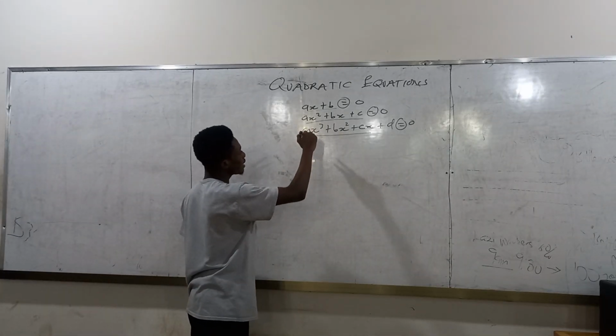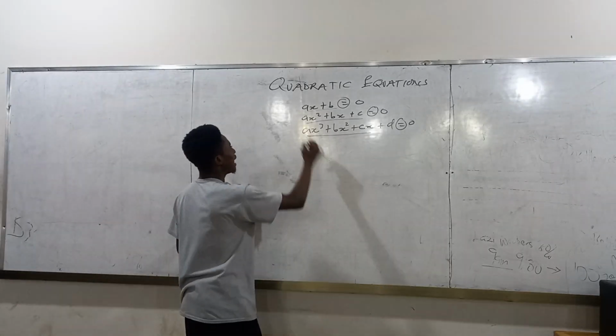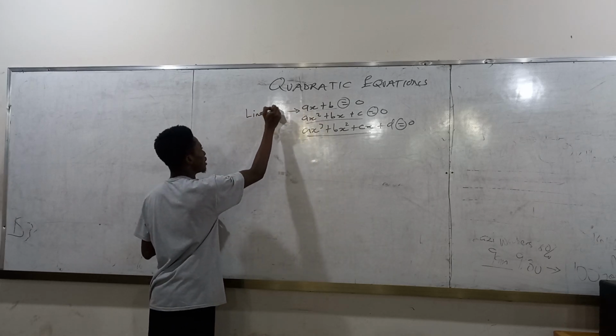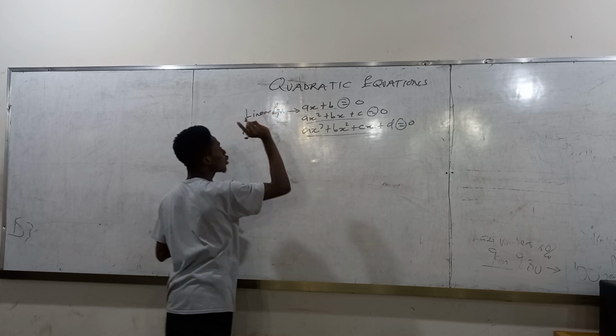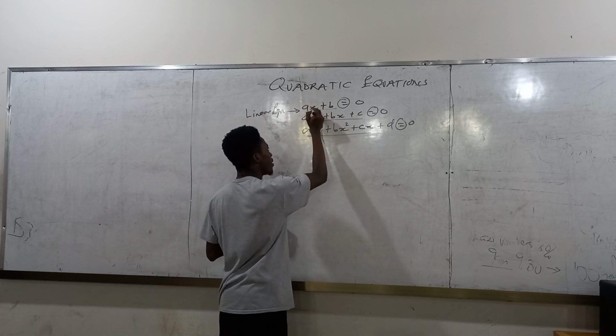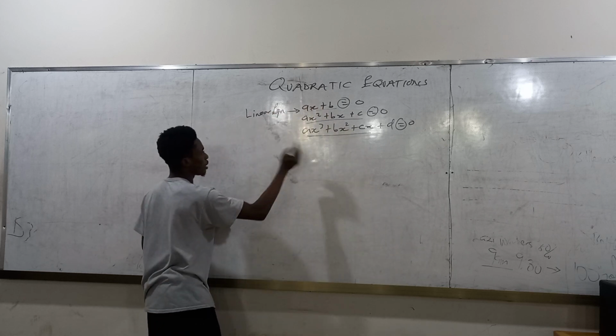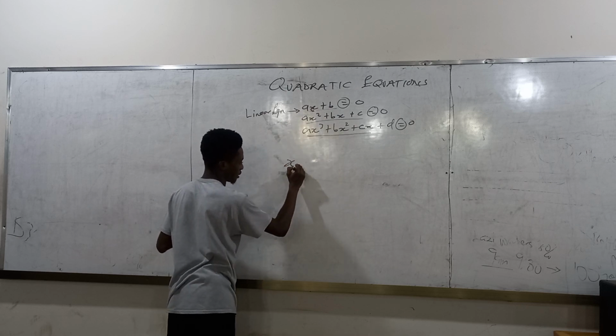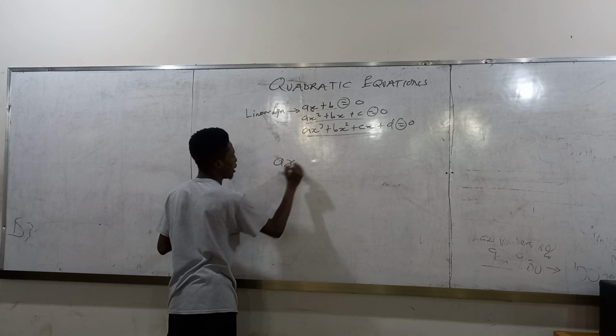And also the second thing you should know is that this first one is called a linear equation because of the variable. Okay, let me come here. This is a variable x, ax plus b.